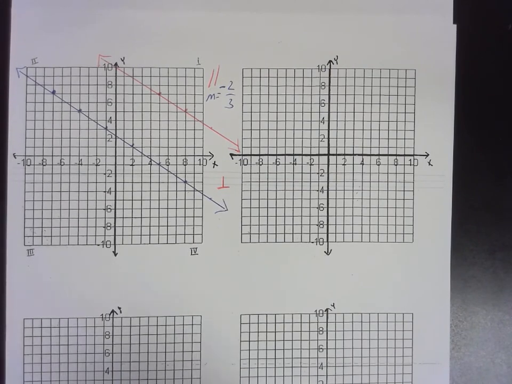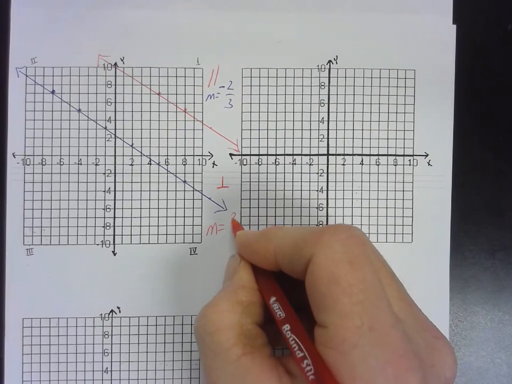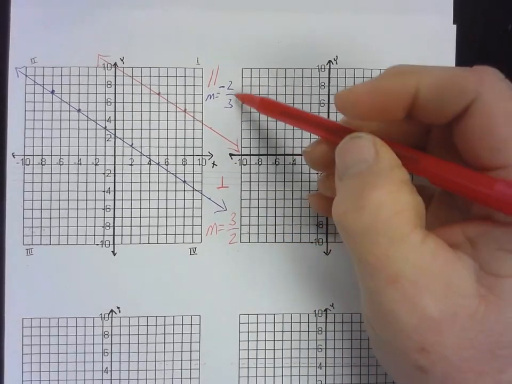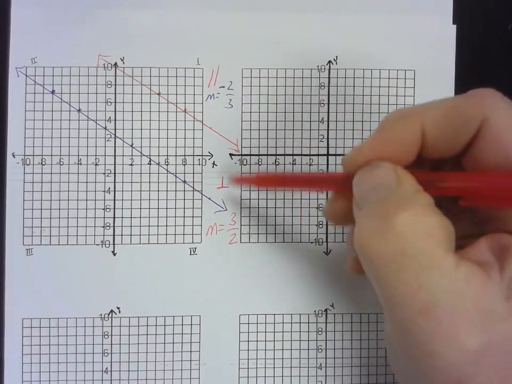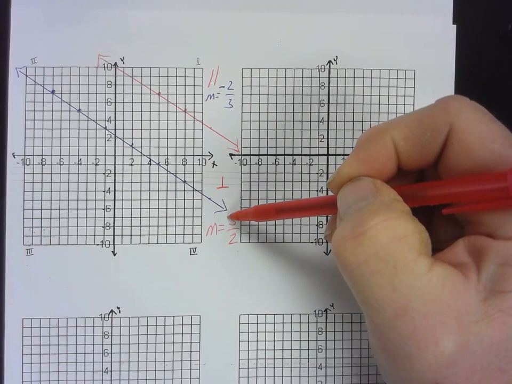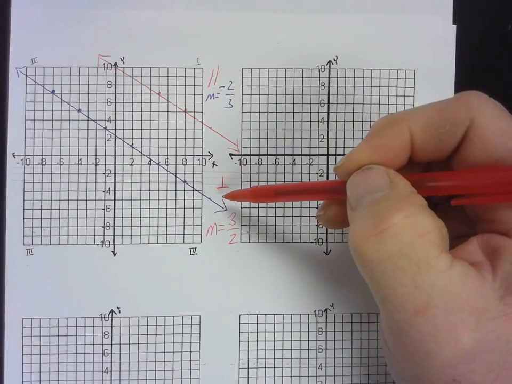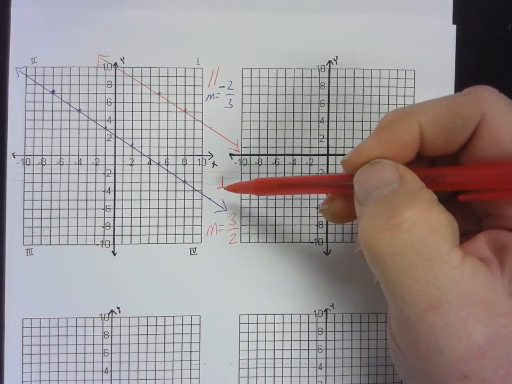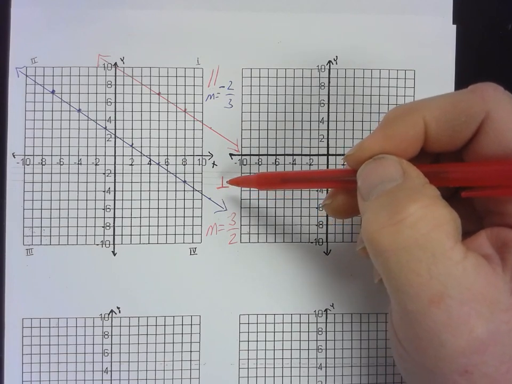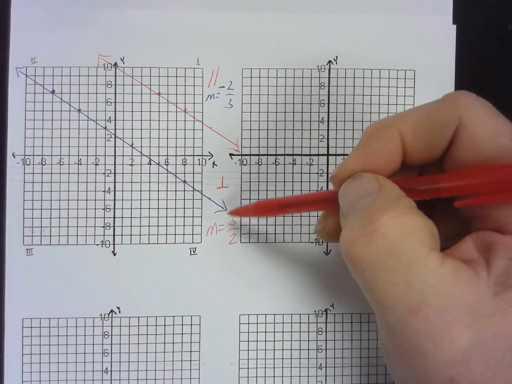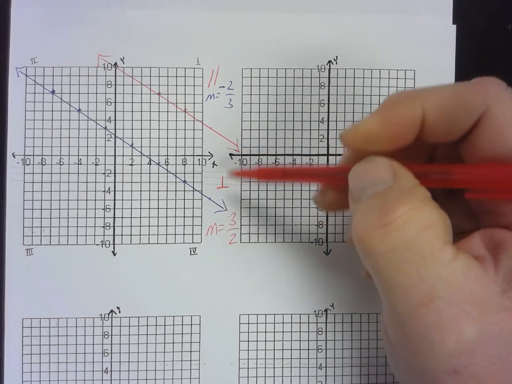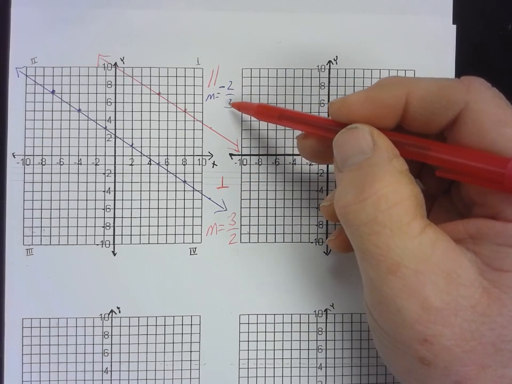Okay, its slope would be 3/2. So, are they reciprocals? Remember how we said it? Opposite reciprocals. So reciprocals have the same sign. The reciprocal of negative 2/3 is negative 3 over 2.